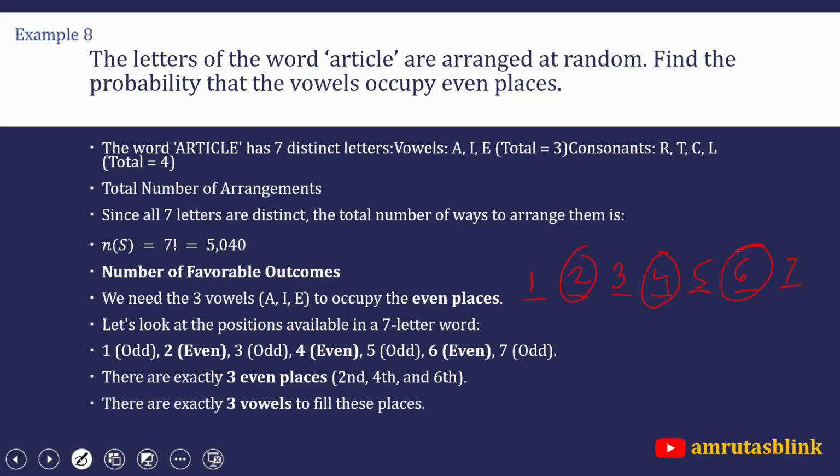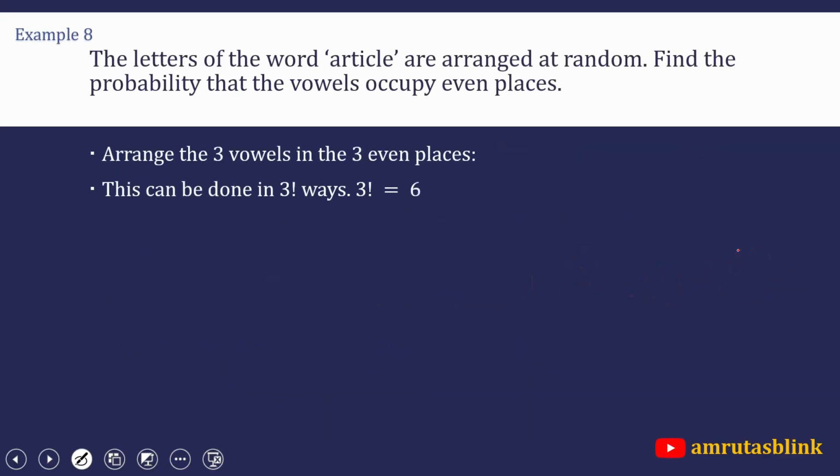So in how many ways? Exactly 3 vowels will be occupying these 3 places, that is 3 factorial. So here we have to arrange 3 vowels in 3 even places. Hence the total number of possible arrangements of these vowels is 3 factorial.